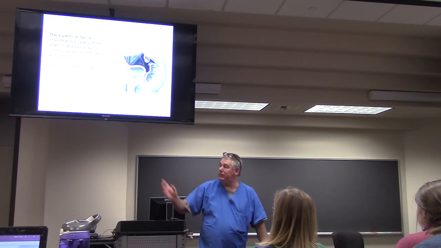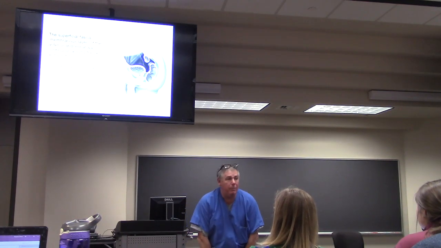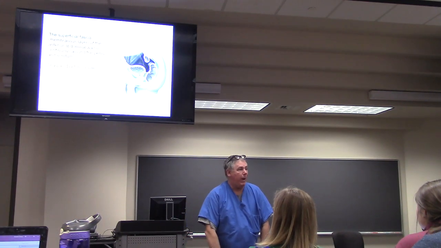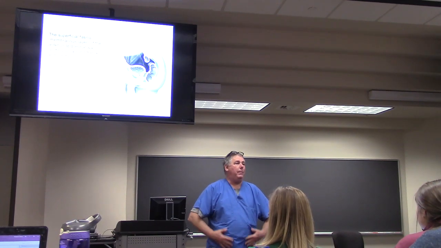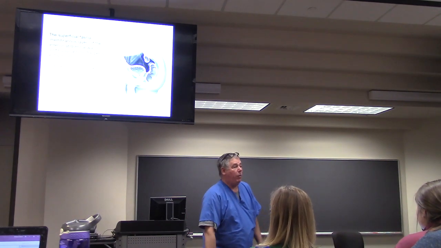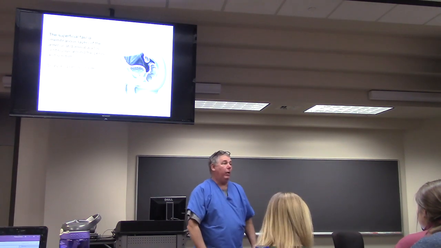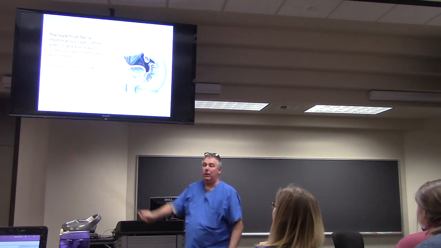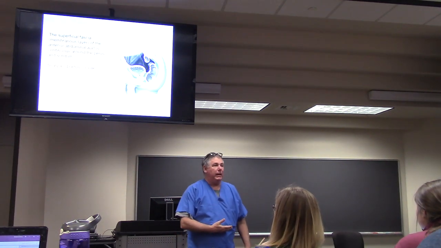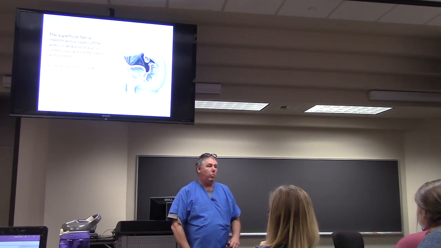It got in this layer, and it actually came all the way up from her anus, all the way up through her external genitalia up into her abdomen. And the only way to deal with that is to go and debride the whole area. So they had to remove all of the Camper's and Scarpa's from her umbilicus all the way down through her labia majora. It was just a horrendous nightmare.